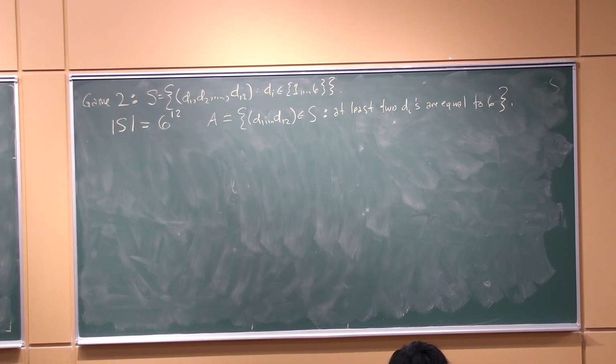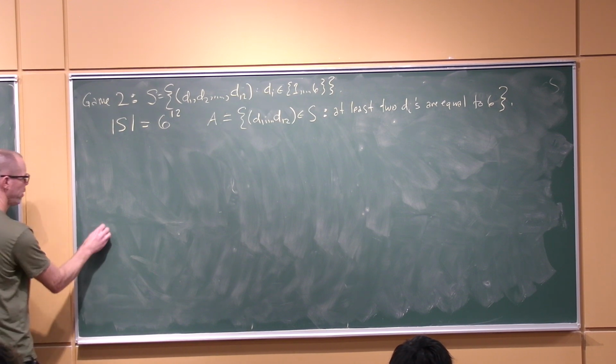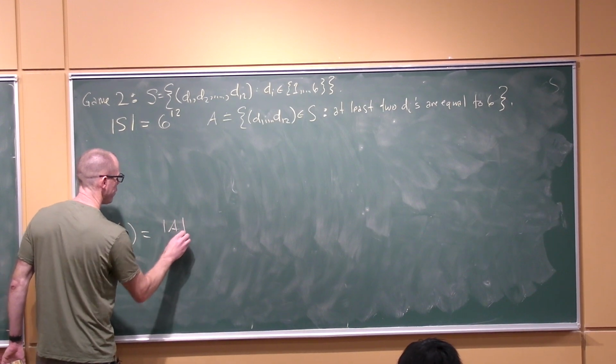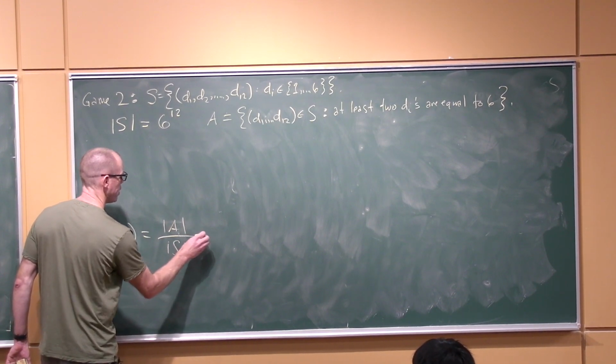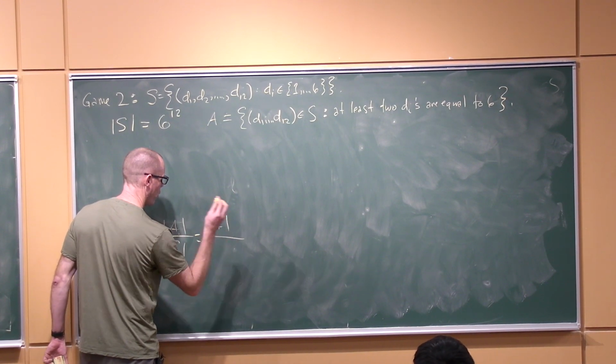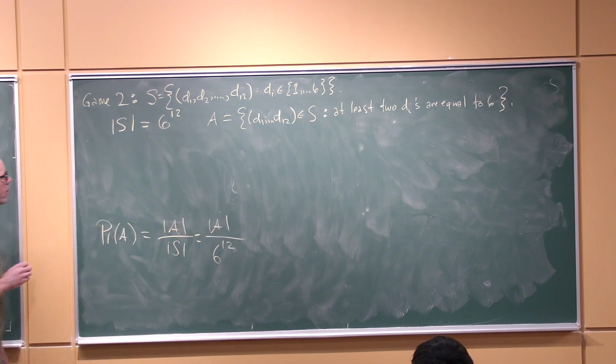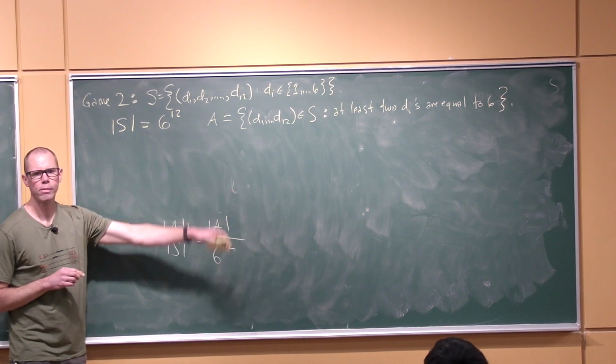We already know what's going to happen down here. The probability of A, the probability of winning, is going to be the size of A over the size of S, which is going to be the size of A over 6 to the 12. So now we need to know the size of A.